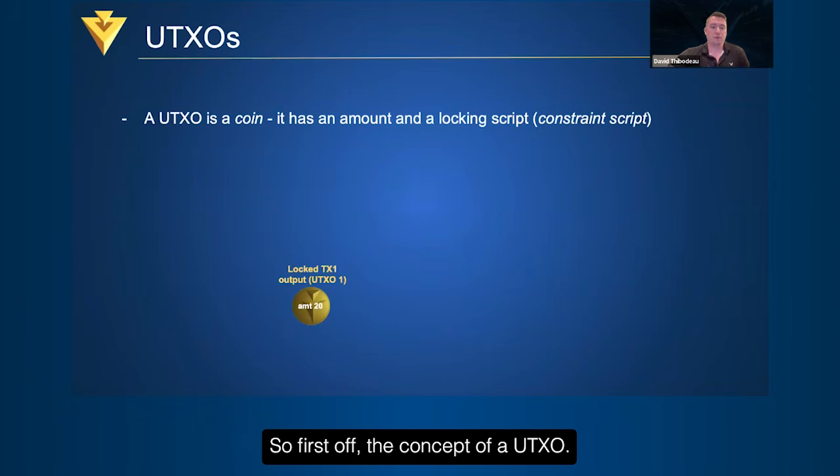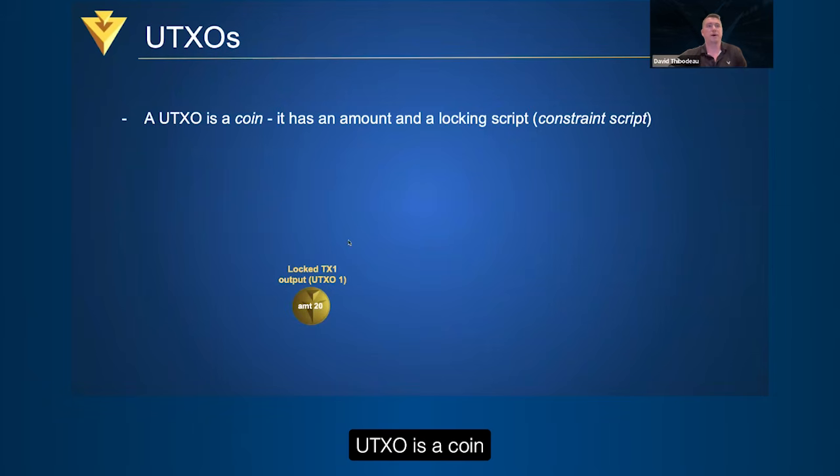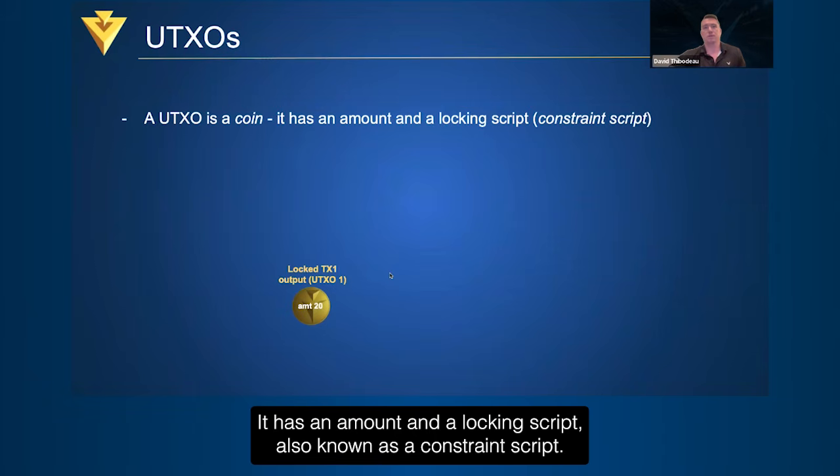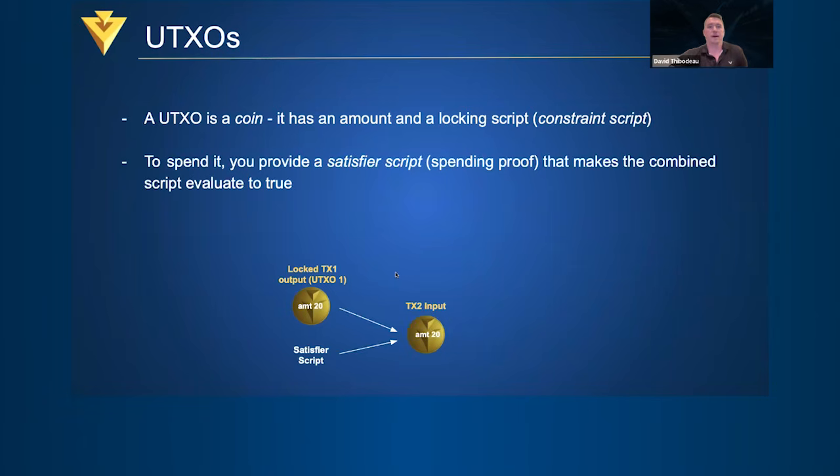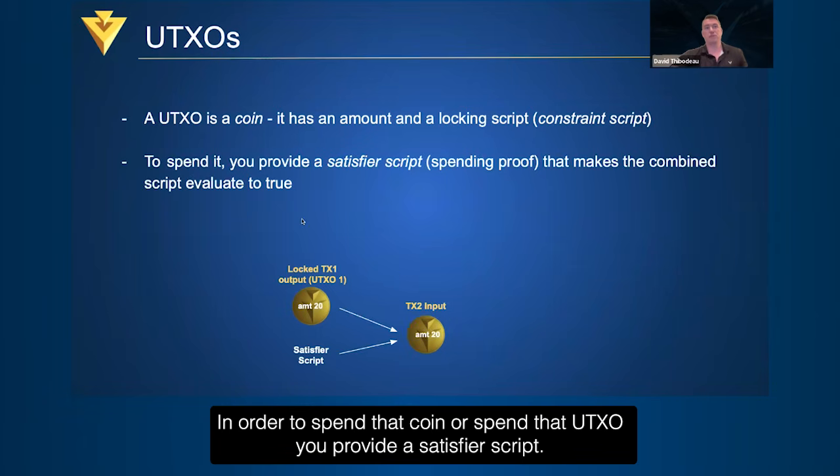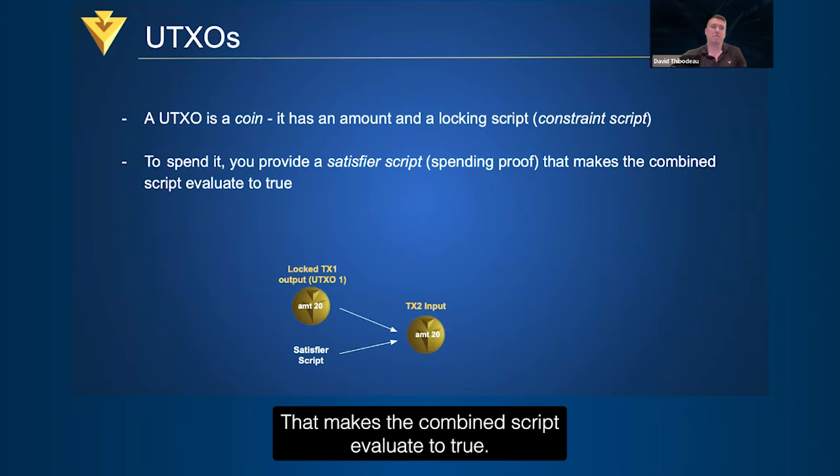So first off, the concept of a UTXO. A UTXO is a coin. It has an amount and a locking script, also known as a constraint script. In order to spend that coin or spend that UTXO, you provide a satisfier script that makes the combined script evaluate to true.